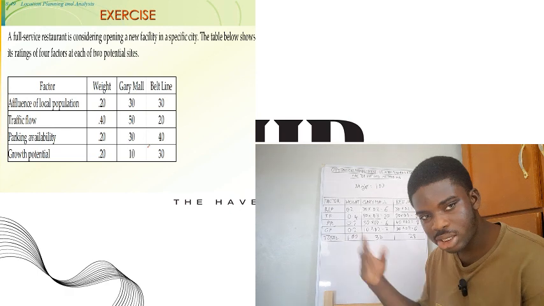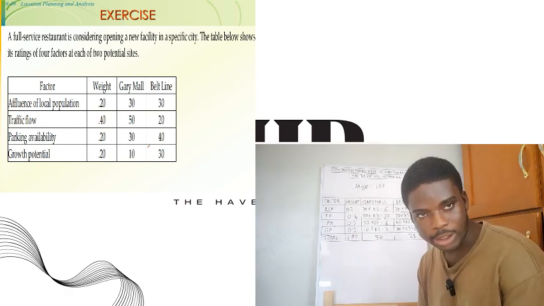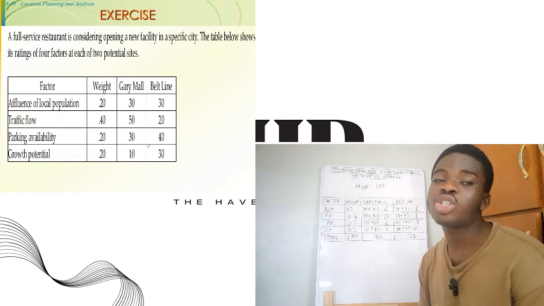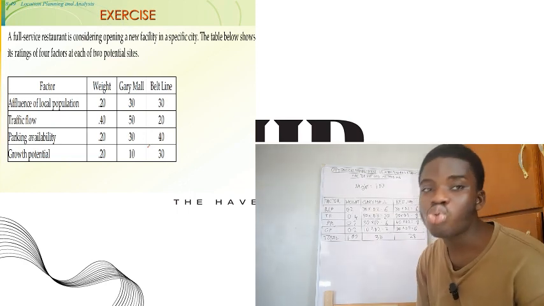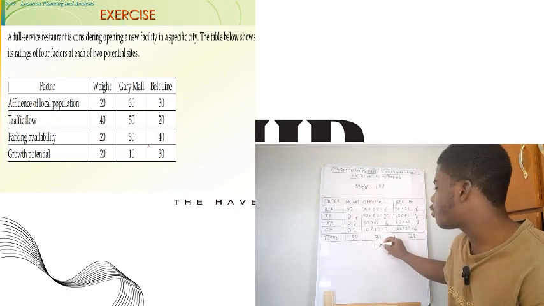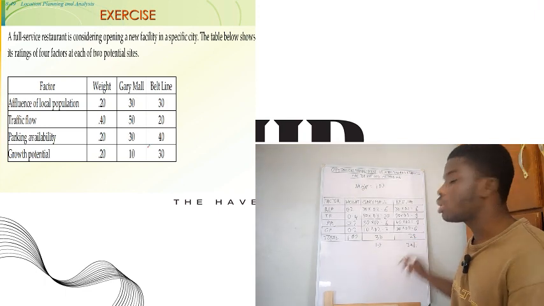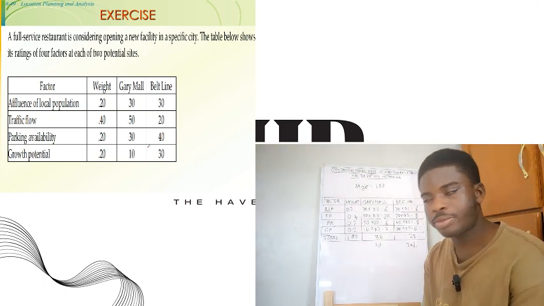That's based on the factor rating approach. They should go with Gary Mall, right? Now, certain questions will ask you to say which is the best location. Other questions will ask you to rank them. If you are ranking them, that'll be first, second.